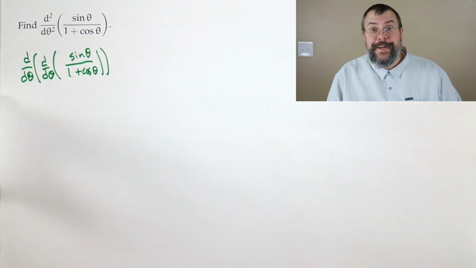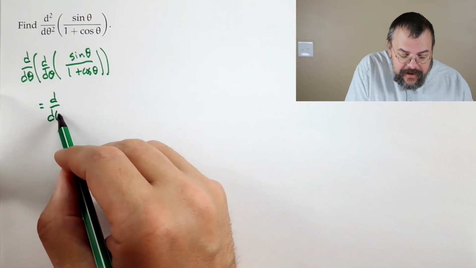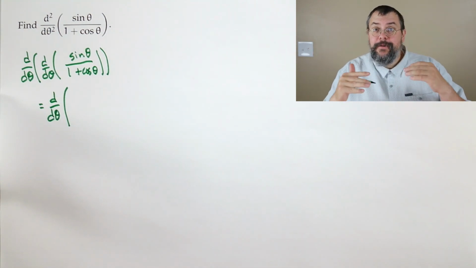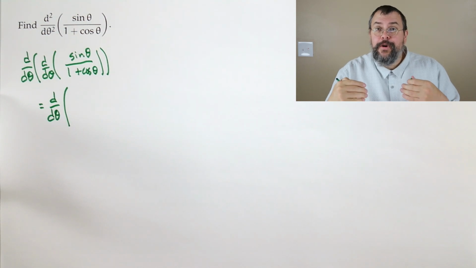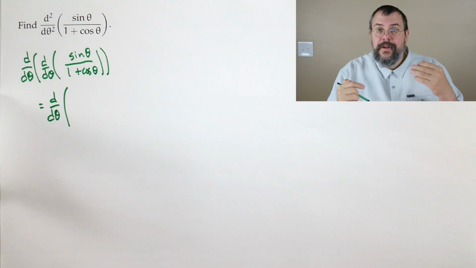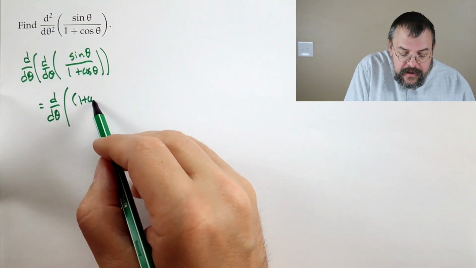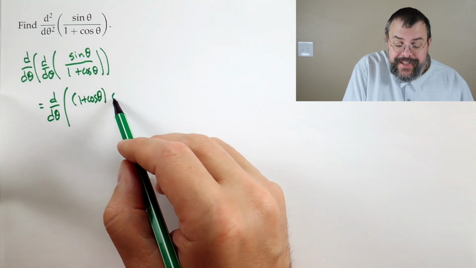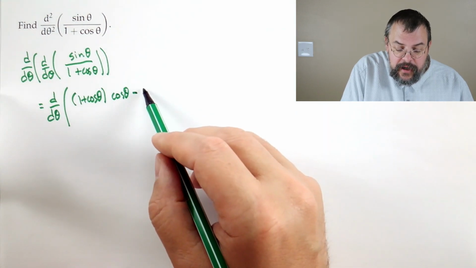So we begin. This is the derivative of, now, what's the rule we use here? Well, we have a function on the top and a function on the bottom, so we're going to use the quotient rule. Quotient rule says we're going to take the bottom times the derivative of the top, derivative of sine is cosine, minus the top, and what's the top?